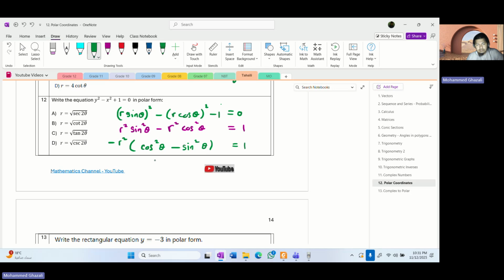Cos double angle. This is just cos 2 theta, and that's r squared times cos 2 theta, which is equal to, let me multiply both sides by negative.